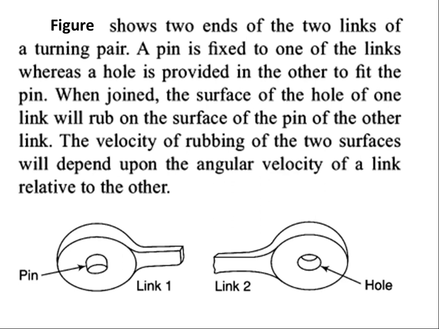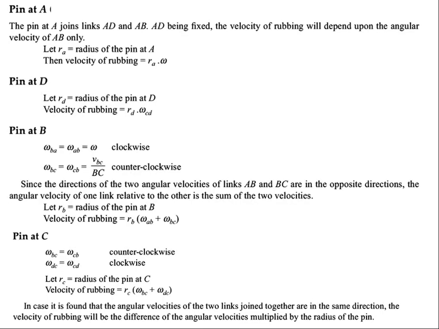Okay. Then when joined, the surface of the hole of one link will rub on the surface of the pin of the other link. Okay, this is going to rub. So the velocity of rubbing of the two surfaces will depend upon the angular velocity of one link relative to the other. Okay. So in this case, if you want to find out the relative velocity at the pin at point A, that will be link AD and AB.